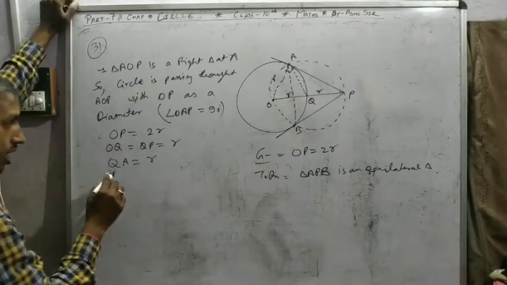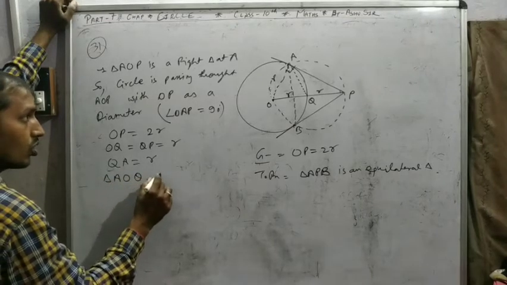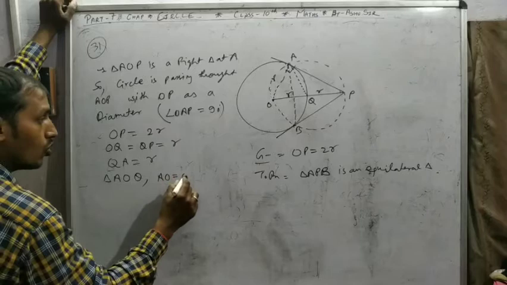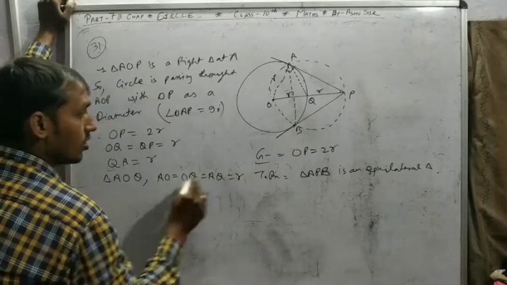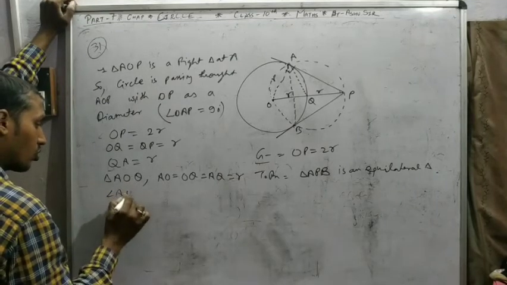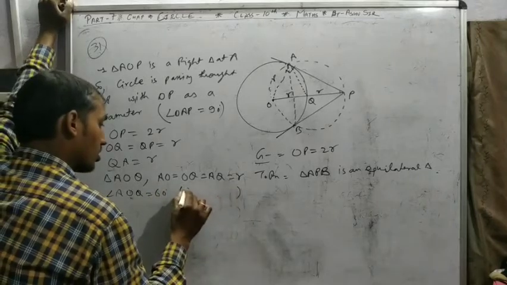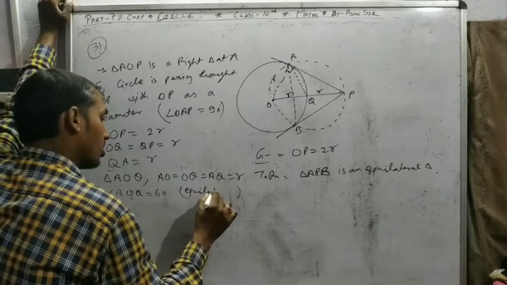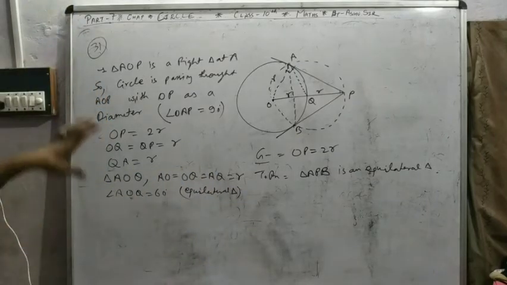So you can say in triangle AOQ, AO is equal to OQ is equal to AQ is equal to R. That means angle AOQ is equal to 60 degree, equilateral triangle. I hope you understand this concept.